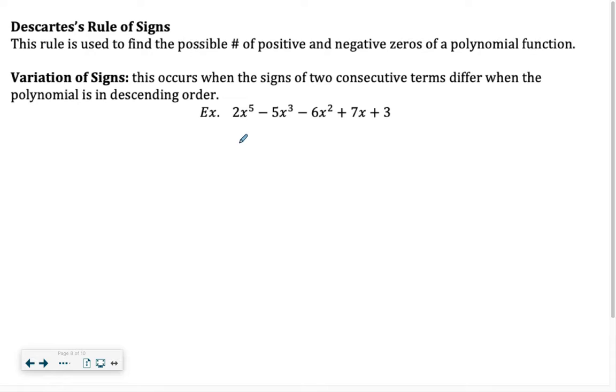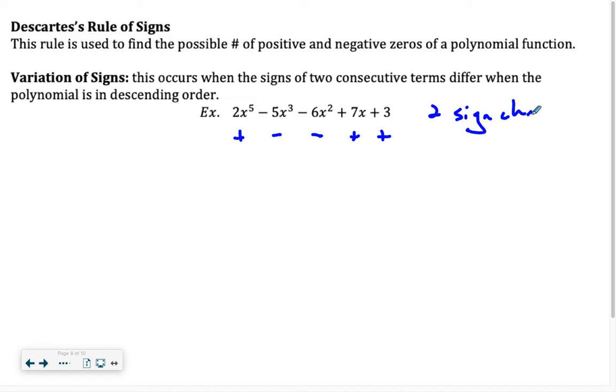So for this example right here, my first term is positive, my second term is negative, my third term is negative, my fourth term is positive, and my fifth term is positive. So what we're looking at is anytime we change sign, that occurs right here and right here. So this example would have two sign changes.